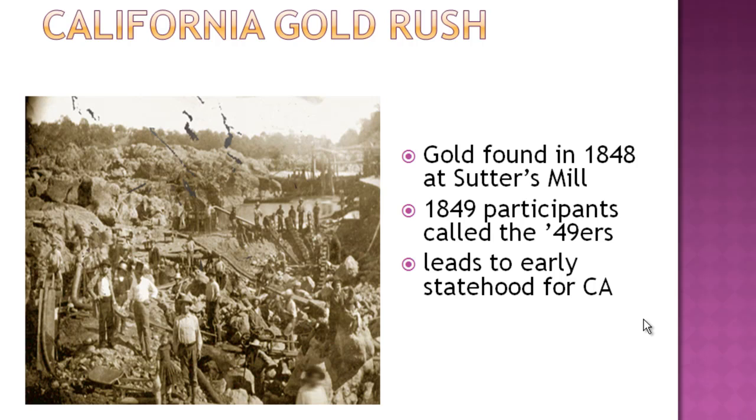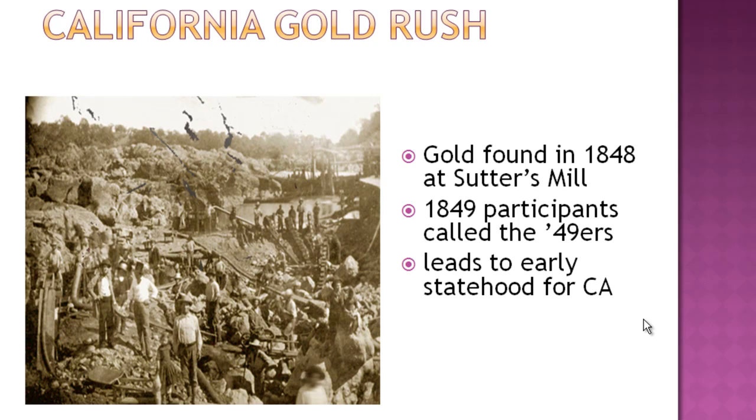So in talking about people moving west, one of the things that caused a great movement west was the discovery of gold at Sutter's Mill in 1848 in California. 1849, a flood, over 300,000 people rushed to California, and these people were called the 49ers.